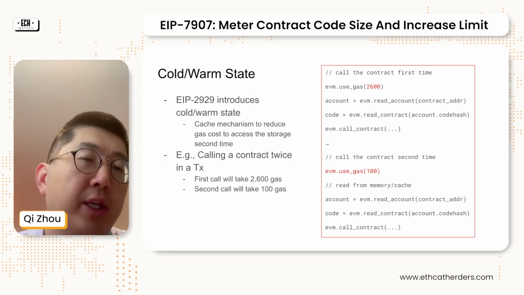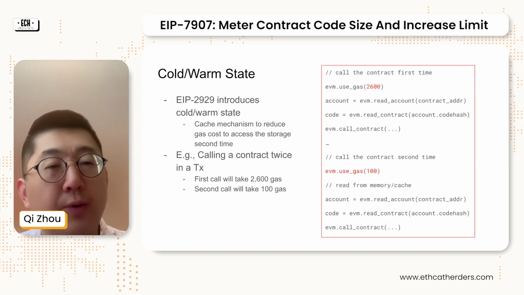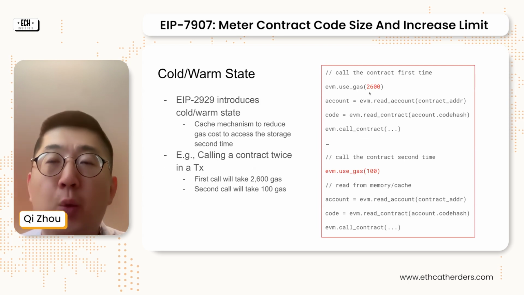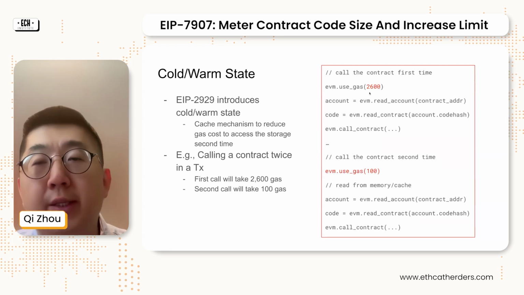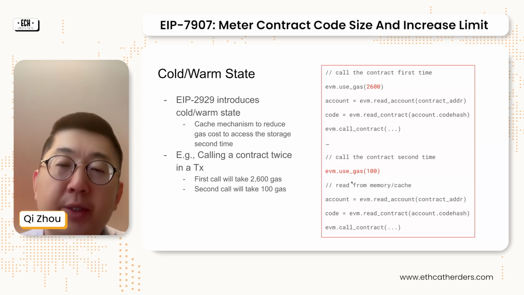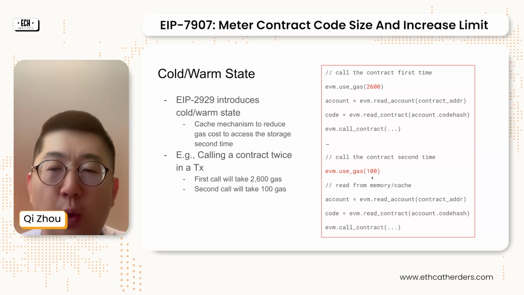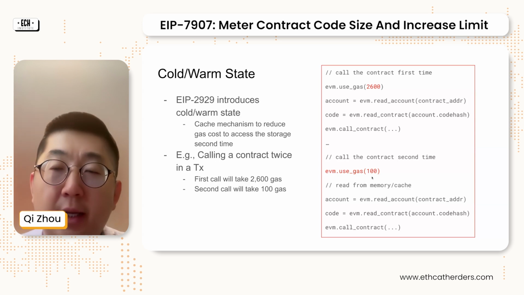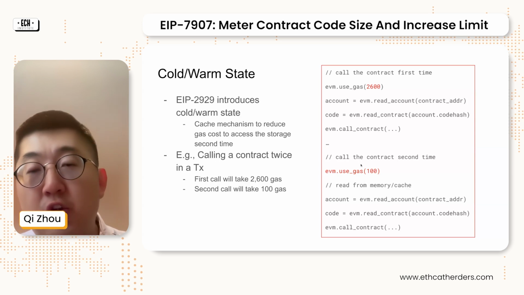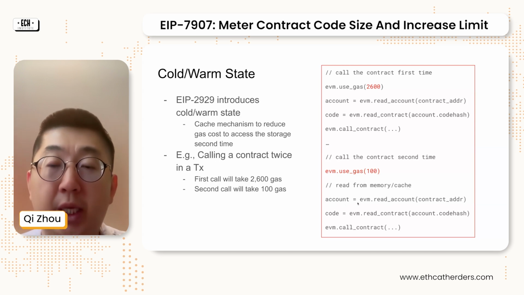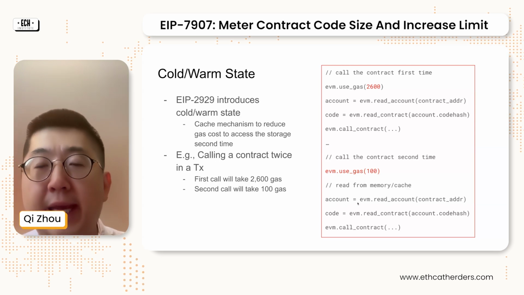So EIP-2929 introduced a code warm state, which means that, for example, the first time I call a contract, we will use 2,600. However, the second time I call a contract, on the right-hand side, it will only use 100. The reason is that when I call the contract the second time, the account and its code are already warm, or already in the cache.